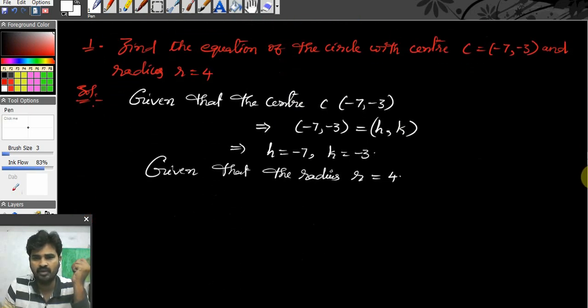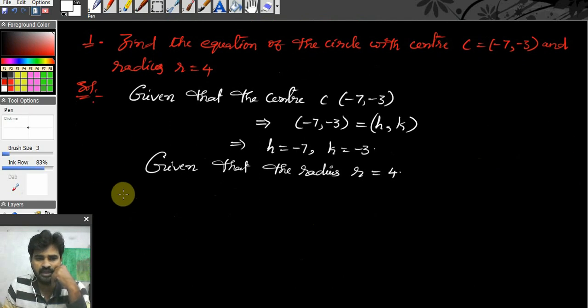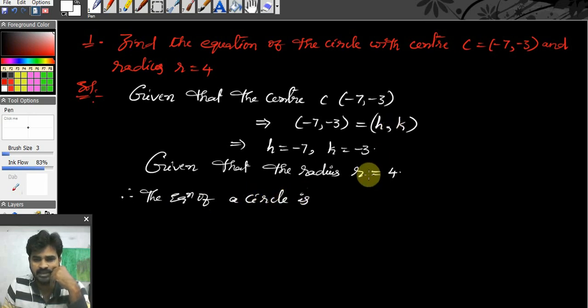So now we have to find the equation of the circle. When center and radius are given, we use (x minus h) whole square plus (y minus k) whole square is equal to r square.